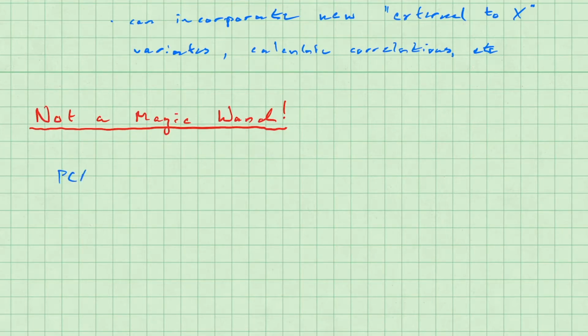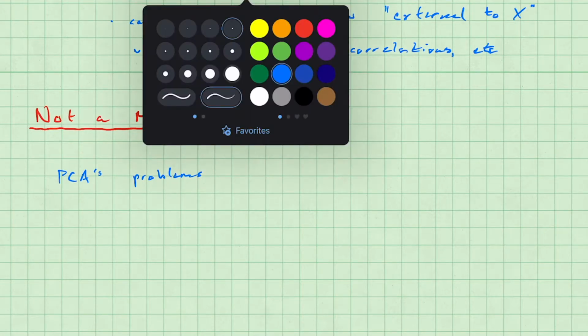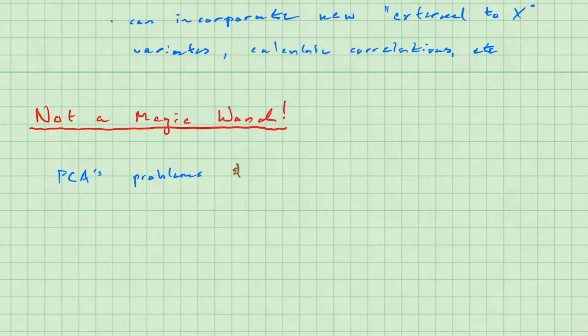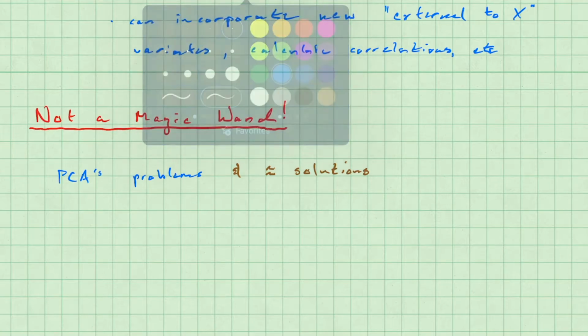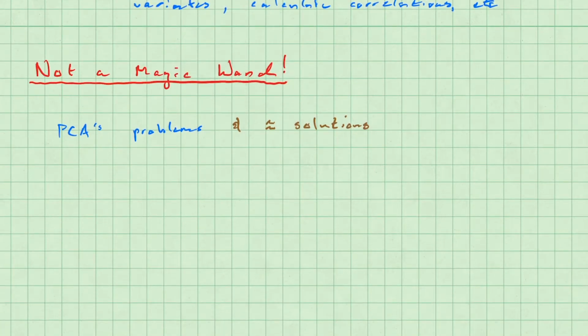So PCA's problems, and some approximate solutions. They really aren't full solutions though, and these things should be thought of as kind of cautionary for the most part. I think I'm going to go through about 5 of these, maybe 4.